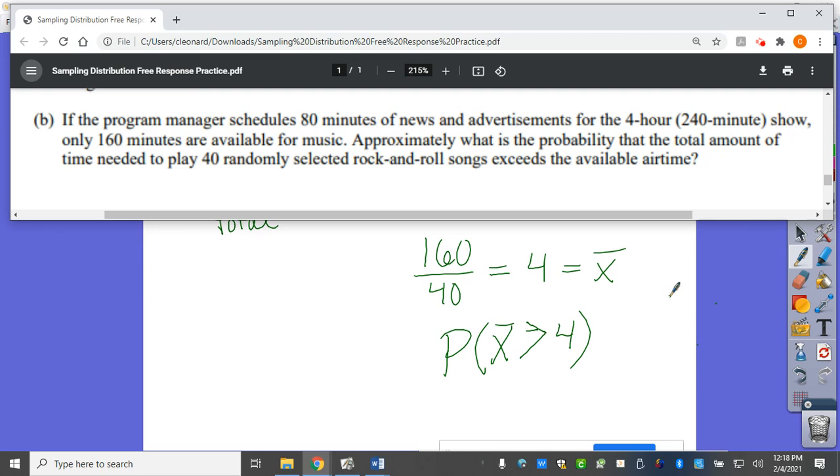So let mu equal mean length of rock and roll songs. And then the only other part we have to do is what we're finding the probability of, and I already wrote that up there. So it's finding the probability that X bar is greater than 4.